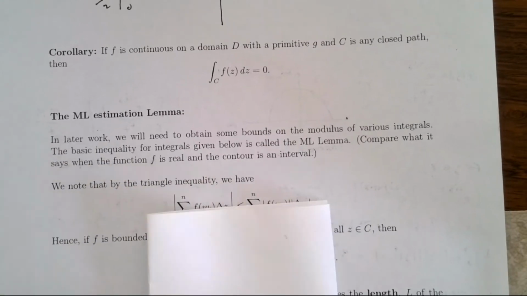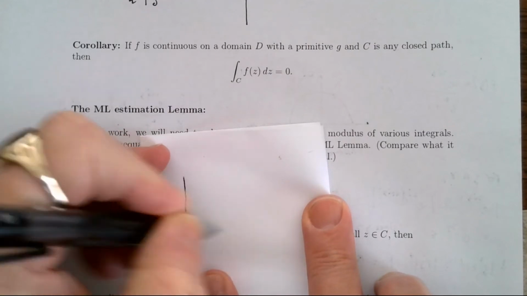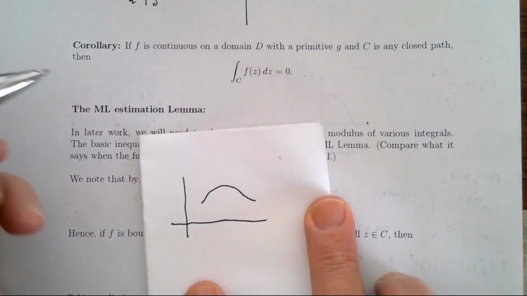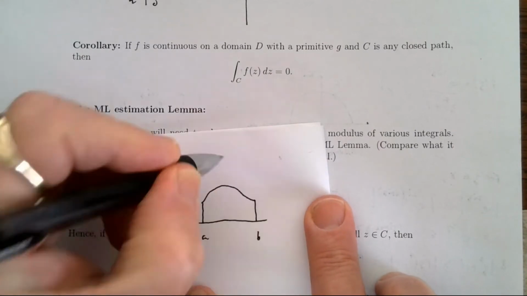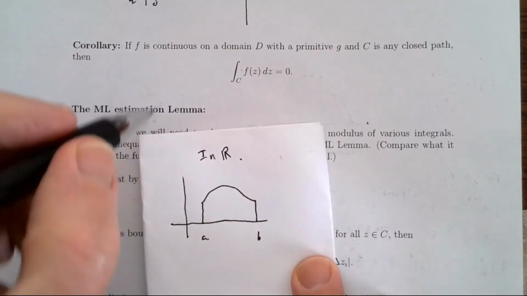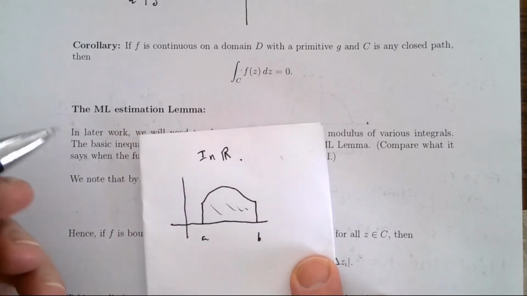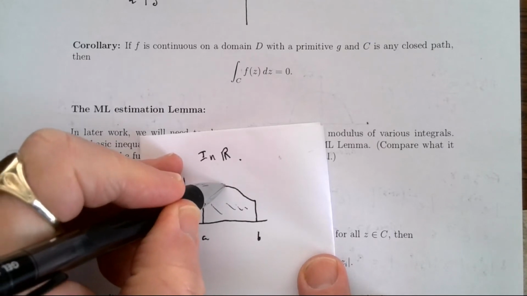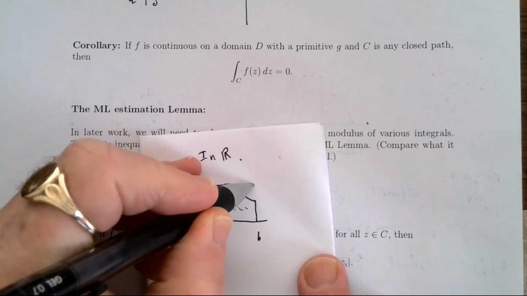If you go back into the real world and think of ordinary calculus, if I've got a function like this, defined on an interval AB, back in R, then you can get a very rough estimate of the area in here by drawing the biggest possible rectangle that contains this area.